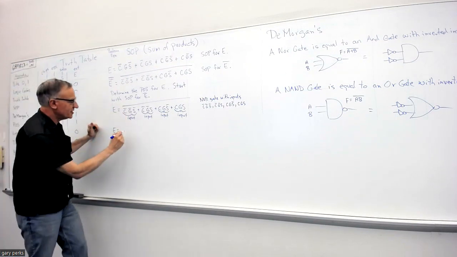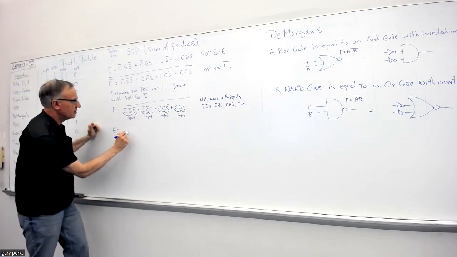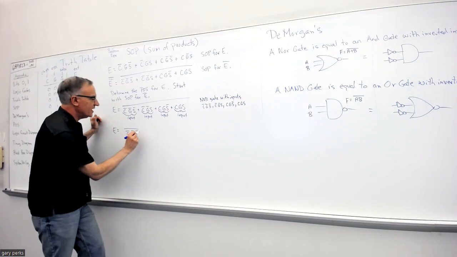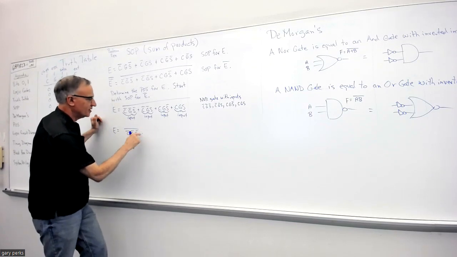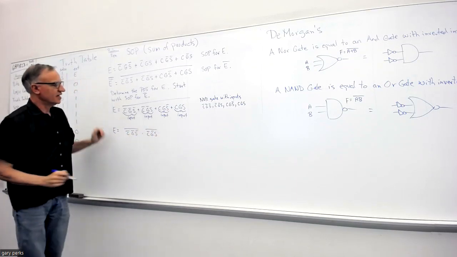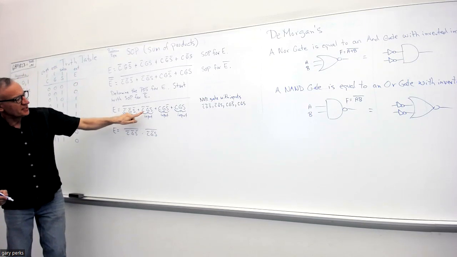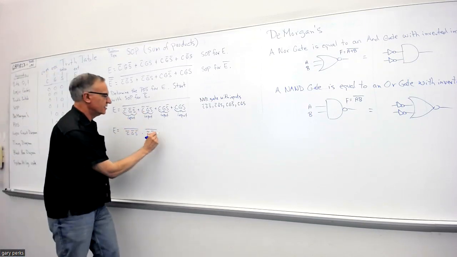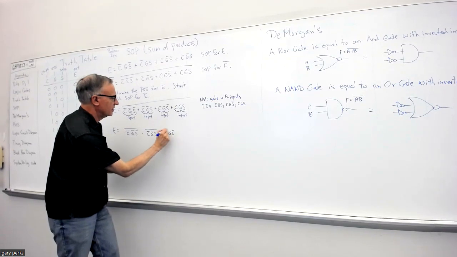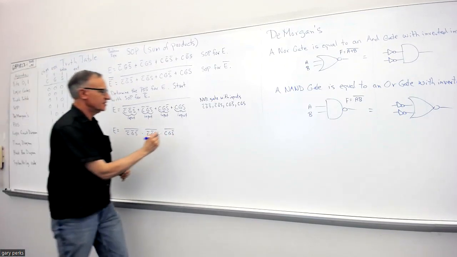So you see, I can take this input, invert it, then AND it with, I'm using the dot for AND here, this input that I've inverted, and then ANDing it with this input that I've inverted.